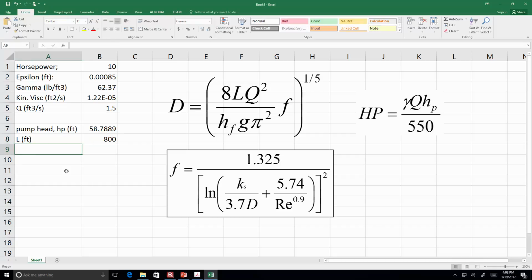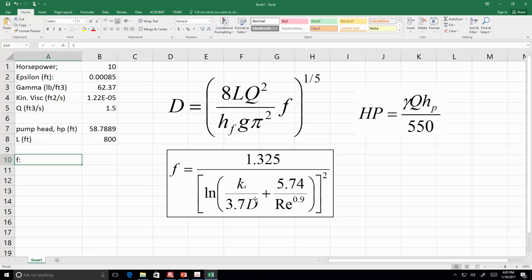All right. So we can calculate the F value the first time around using the Jain equation, because we've got the, oh, I guess I haven't typed in the diameter yet. The pipe diameter in feet here is, oh, it's unknown. So we have to start with a guess. We need a guess of the diameter in order to calculate the first F value, and there are a number of strategies.